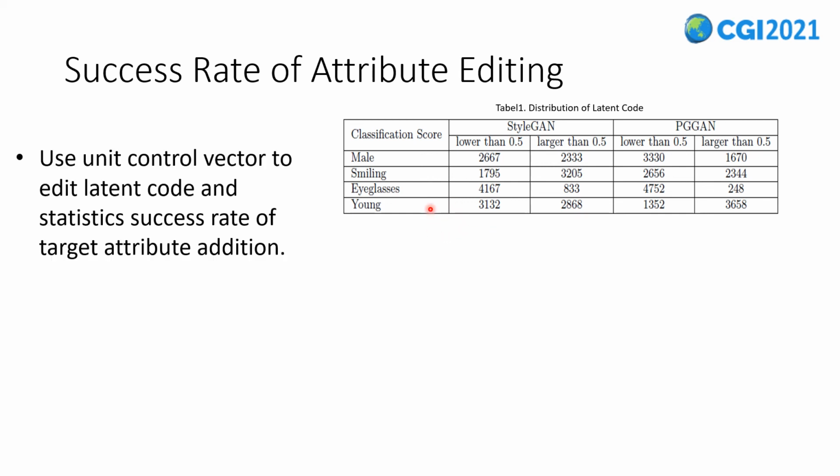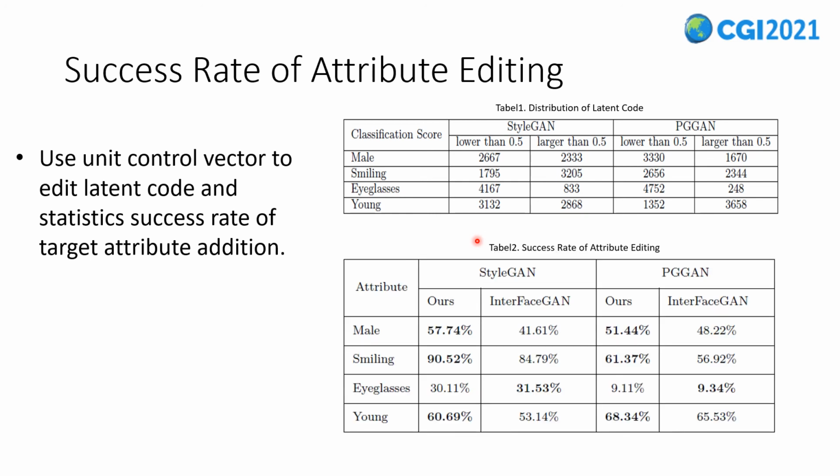We then use the unit control vector to modify the latent codes with an attribute score less than 0.5 to add target attributes and record the number of successes. The final success rate is shown in Table 2. Compared with all latent codes modified by one normal vector, ours can find a more suitable control vector to make the target attribute editing faster and improve the success rate of attribute editing.